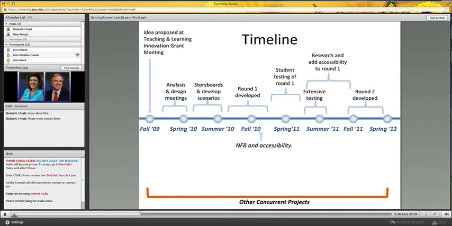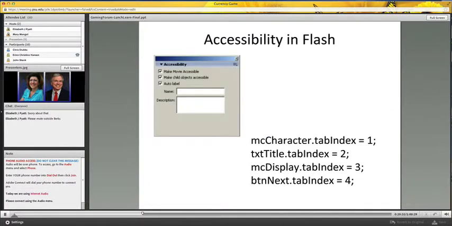And I found that it could be done, although it's very labor-intensive, and there are a lot of issues that come into play. I've accomplished quite a bit to make the game accessible, but honestly, I still have a couple little tweaks that I'd like to still make before I can say that I'm completely done.